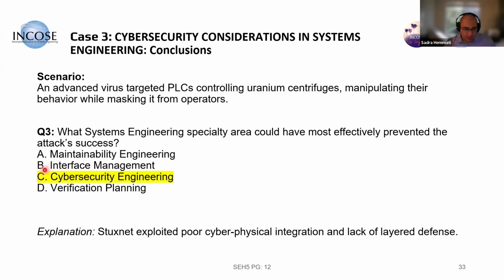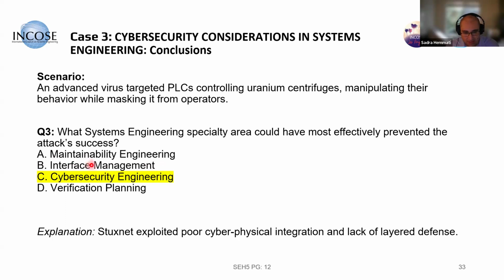I can see why you picked interface management, because the virus was able to pass through the interfaces, the air gap. So this is kind of the trick option. But interface management is about all the interconnections of the systems.